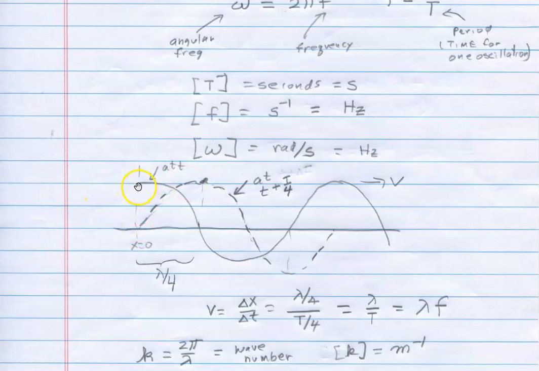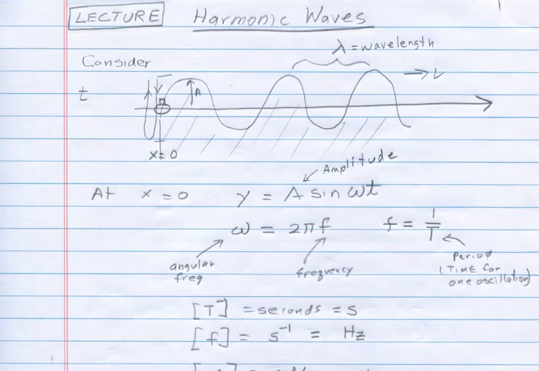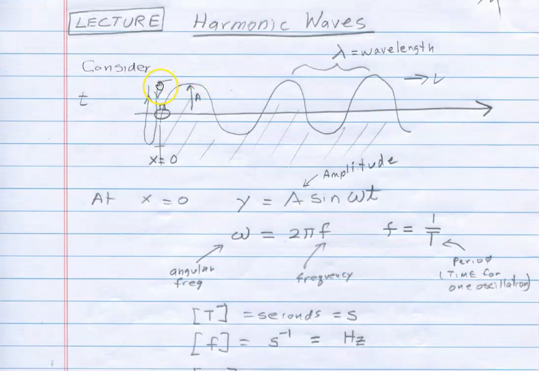What really happens is the water that's right here moves down to this point, and if you draw the analogy that I'm at the peak, the time it takes to come down to the equilibrium position is a fourth of a period. The time to get to the low point is a fourth of a period. To come back to the equilibrium is a fourth of a period. And the time to get back up to the top is a fourth of a period.